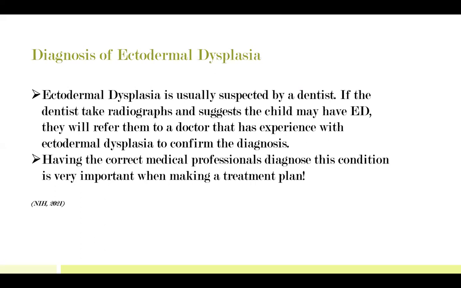The dentist can take radiographs, and if they suggest ectodermal dysplasia, they'll refer the patient to a doctor that has experience with diagnosing ectodermal dysplasia to confirm that. It's really important to have the correct medical professional diagnose this condition in order to make a good treatment plan, so that you can correct this issue.